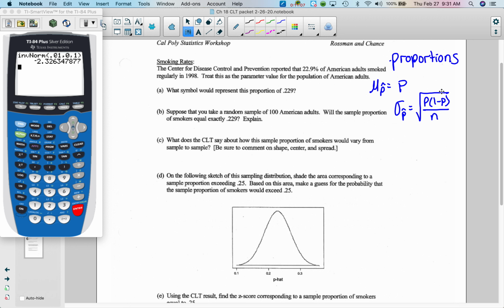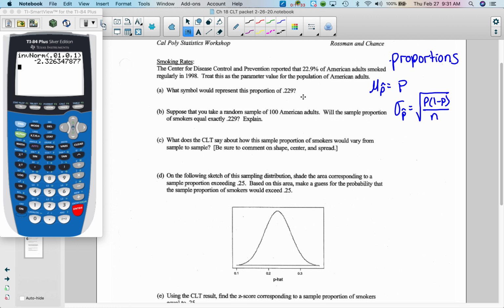Instead of mu sub x bar equal to mu, and sigma sub x bar being sigma over the square root of n, which we just did, now we're using the proportion formulas, still with the central limit theorem. Remember, we had conditions for that. You can go back and look at those, so you'd be able to answer some of these questions.